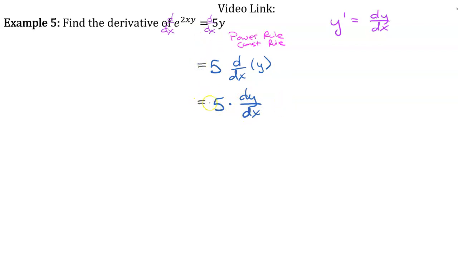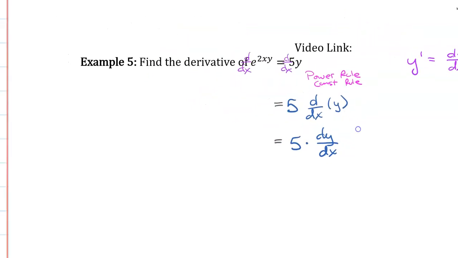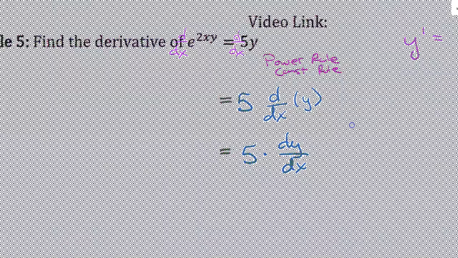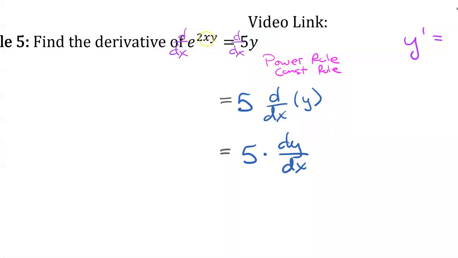But the left side here, not nearly as nice. The reason is that the power itself has y in it. So what I'm going to end up doing is the chain rule.